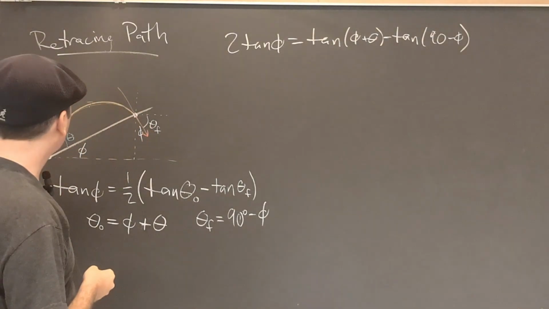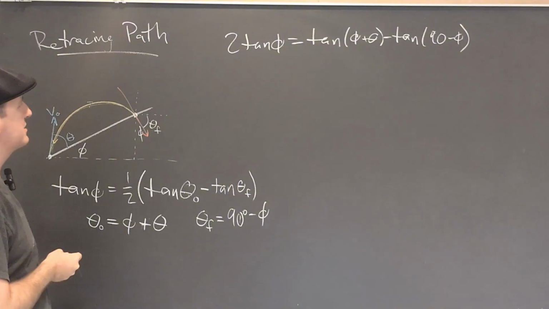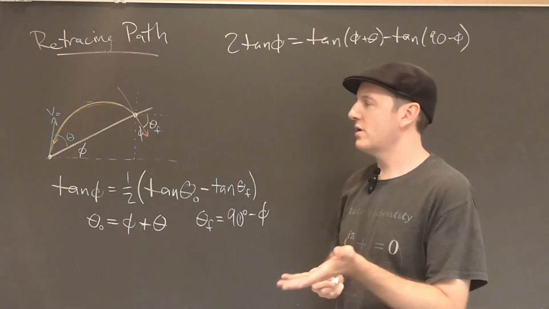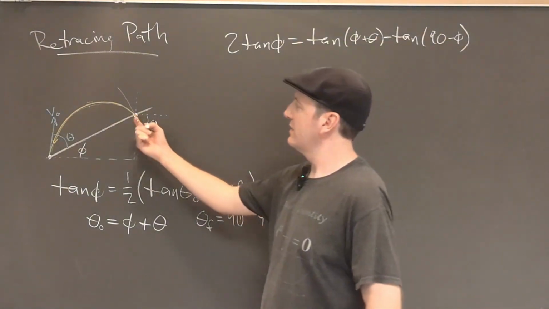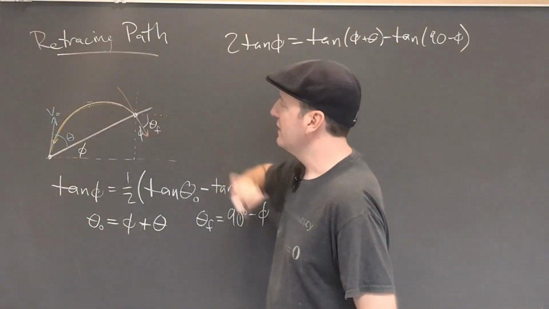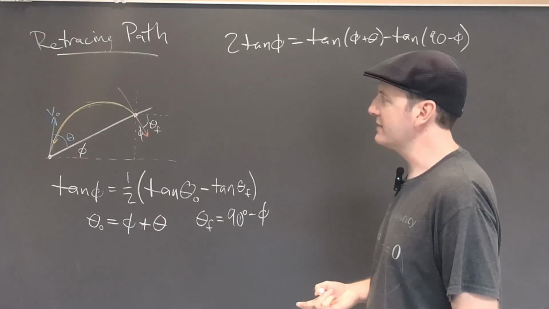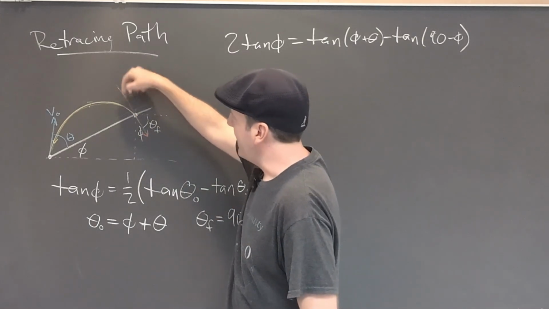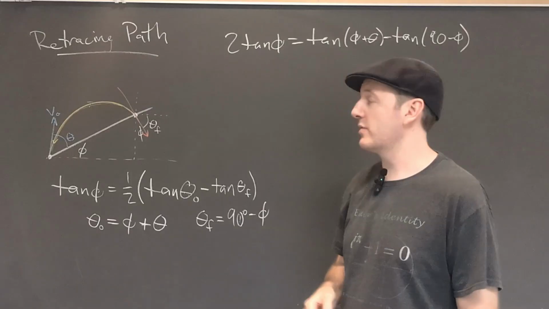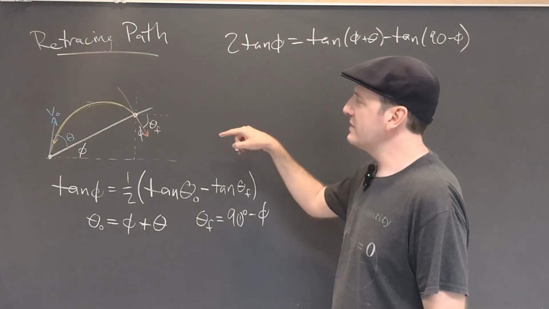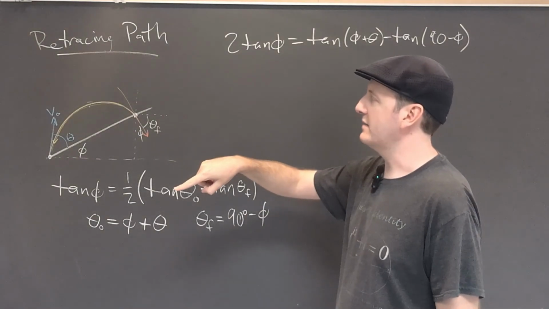And of course, the goal here is to figure out what theta has to be. We might also want to mention physically that the angle that the projectile collides with the ramp at has to be 90 degrees. This theta f velocity vector has to be orthogonal to the ramp. If it wasn't, then we wouldn't actually retrace our path.